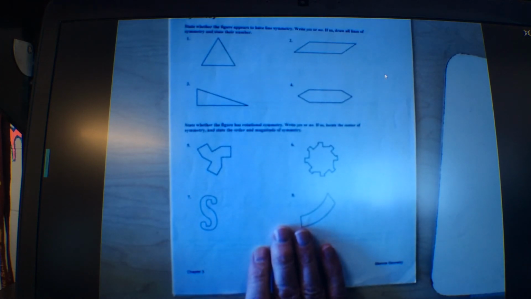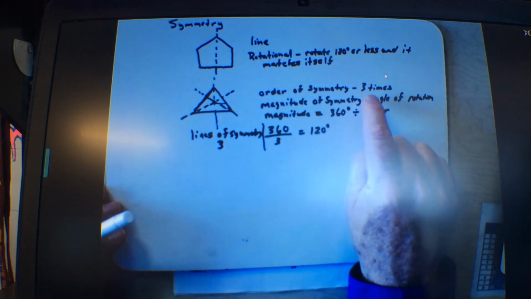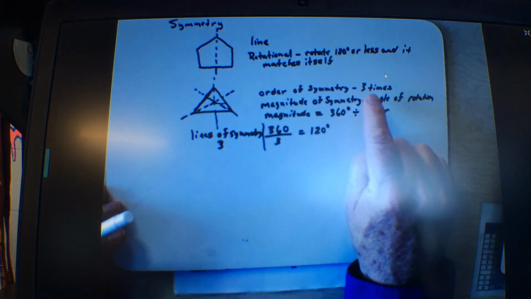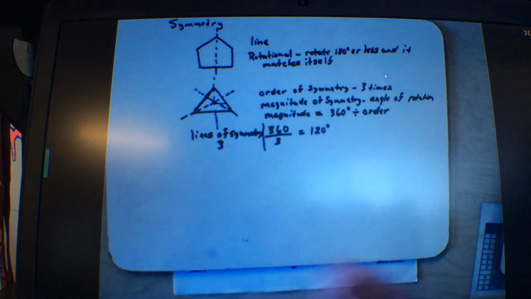Now if it doesn't have rotational symmetry, will it have a point of symmetry? No. If it doesn't have rotational symmetry, it will not have a point. And then state the order and magnitude of the rotation, okay? So the order is the number of times that it matches itself in 360 degrees, and then the magnitude is 360 divided by that, and so it's a degree.